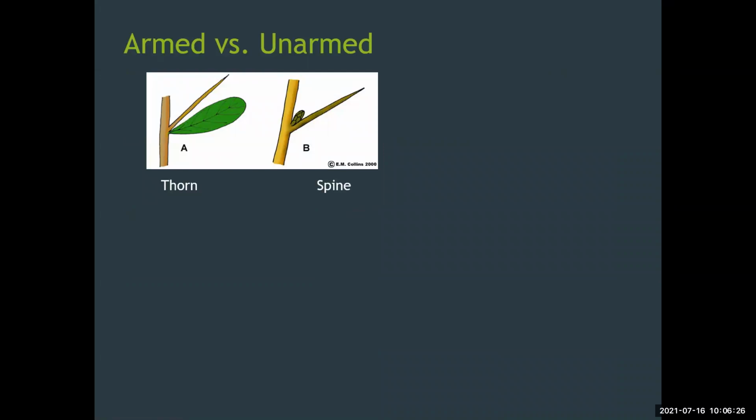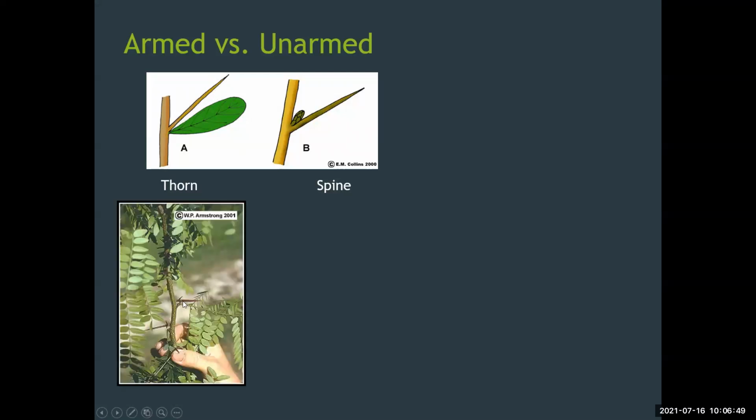Other important features are whether or not the stem is armed or unarmed. So if it's armed, of course, it's going to be prickly in some way. Those sharp, pointed features can be developed from an axillary bud here, which is where we got this thorn.